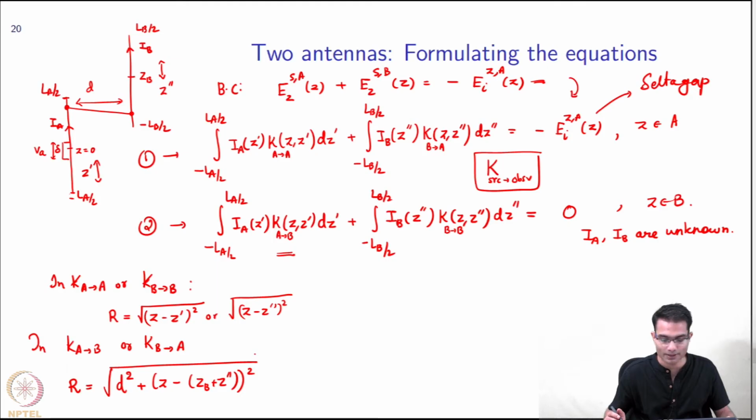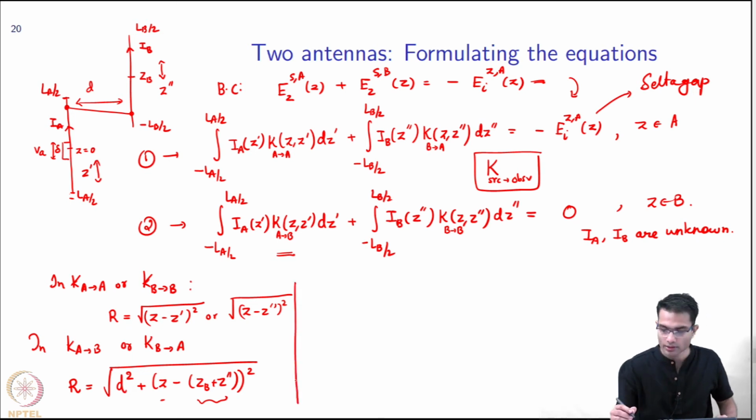It is offset by some value ZB. So this is the absolute Z coordinate on current element B, and current element A was anyway on the Z axis, so it is just a Z. So this is the distance.